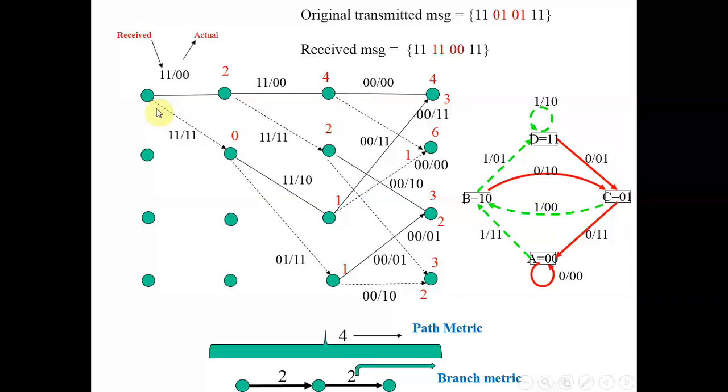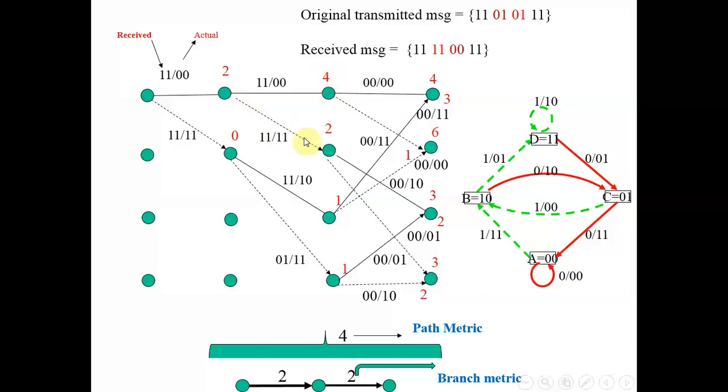So again I explain, I start with this. Initially I received 1, 1. If I follow this path, my total error count is 2, but if I have come to this point, my total error count is 0. Now assume that you have taken this decision. So from this point, I again evaluate two possibilities with the next pair of bits. So I receive next 1 1. If I again take this path, my total count reaches 4.